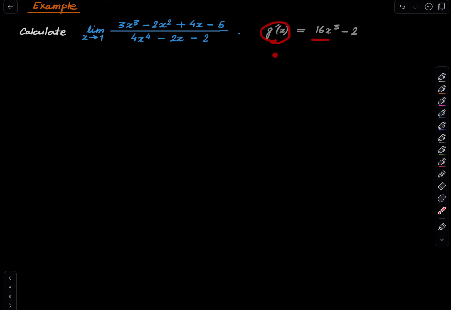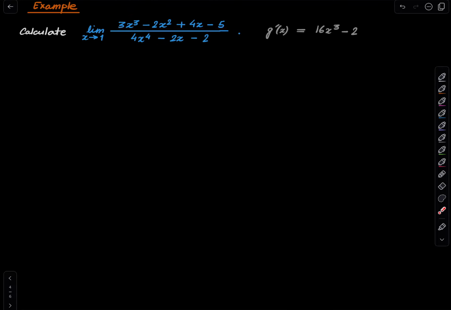So G prime 1 is non-zero. And since G prime x is a polynomial, it is in particular a continuous function. So therefore, if G prime 1 doesn't vanish, G prime doesn't vanish in a neighborhood of 1. So the conditions for L'Hopital's rule are met once we can show that the ratio of the derivatives has a limit as x approaches 1.